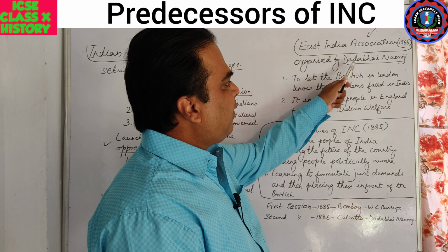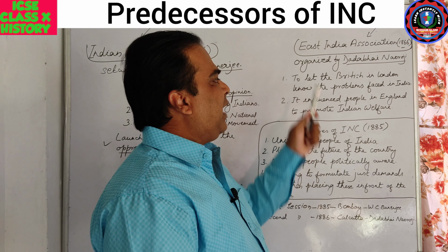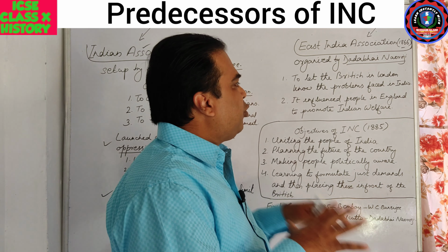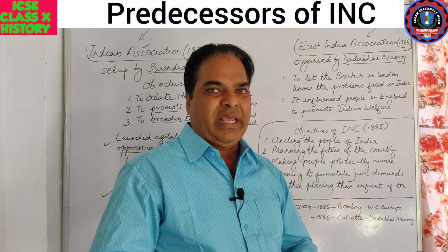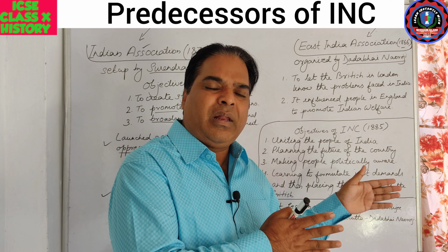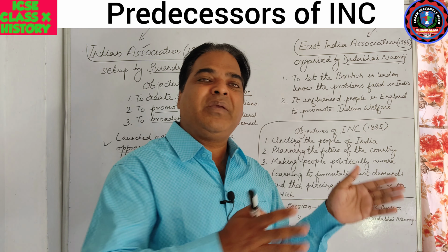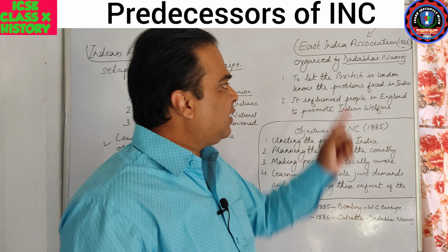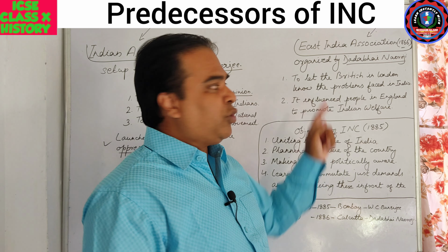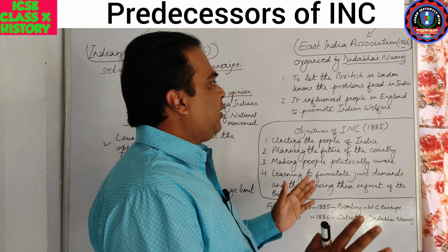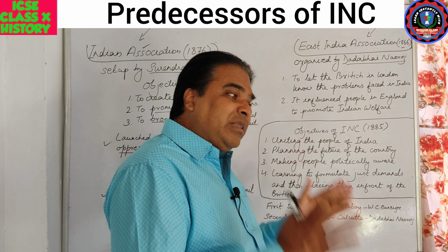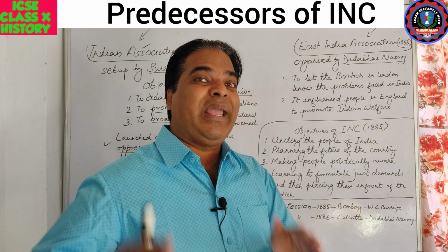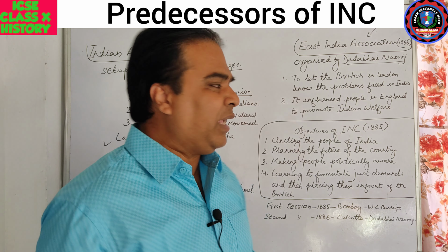The main motive of Dadabhai Naoroji was that the Britishers in London should know the problems faced in India. The people living in London should know the problems being faced by Indians in India. So to showcase that, this association worked.